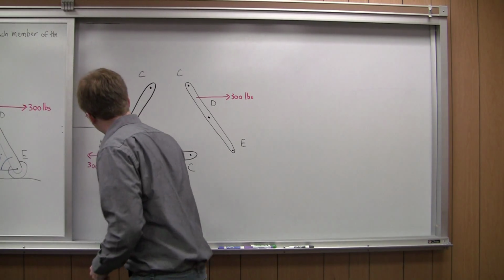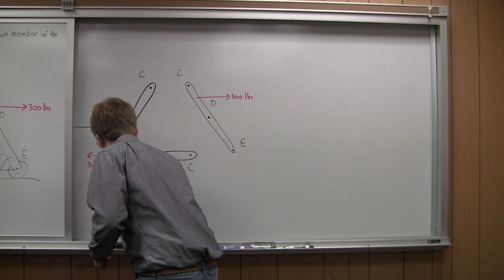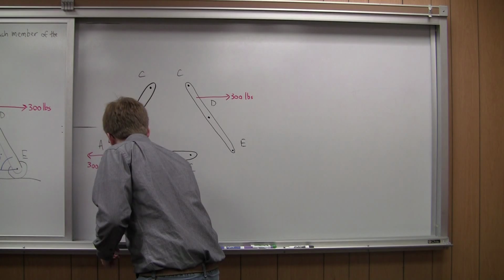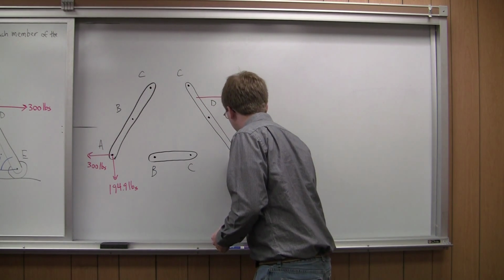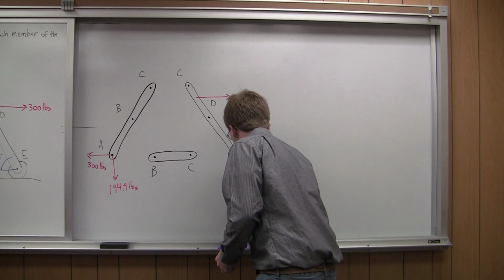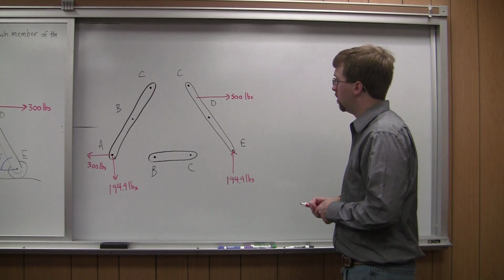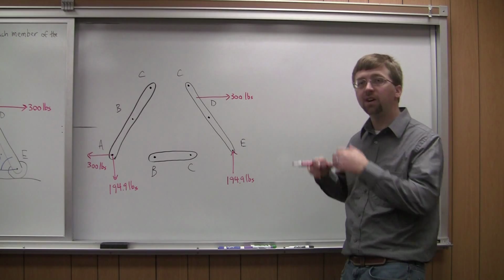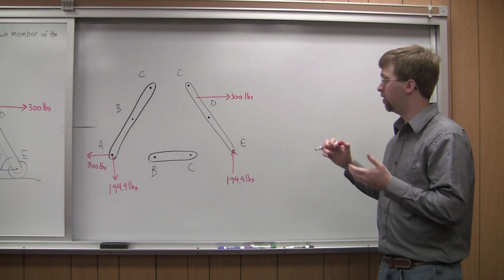FAY was negative 194.9 pounds. And FE over here, this is positive 194.9 pounds. So I've got some of those forces. Now I need to draw in the rest of these forces that are acting, my unknown forces.